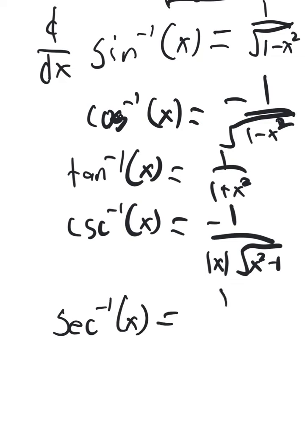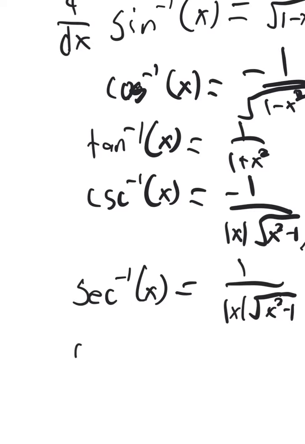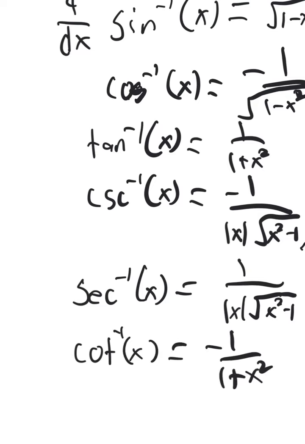So secant inverse is then 1 over absolute value of x, square root of x squared minus 1, same thing as up here, but without the negative. And then lastly, there's cotangent inverse of x, which is negative 1 over 1 plus x squared.